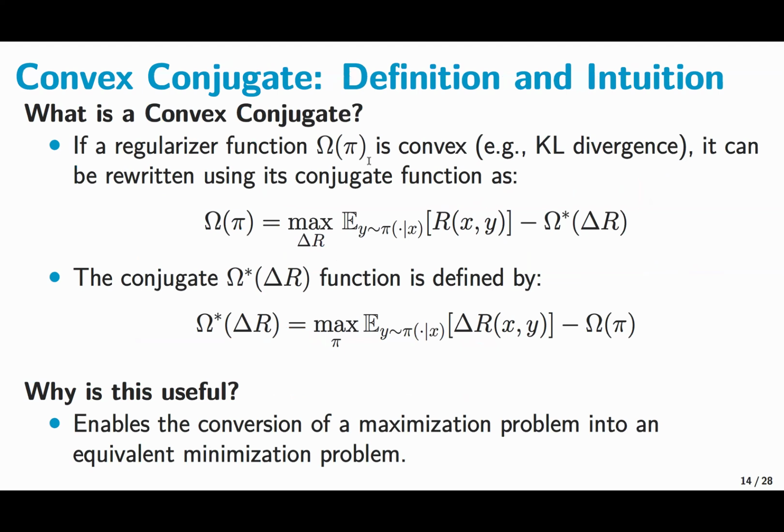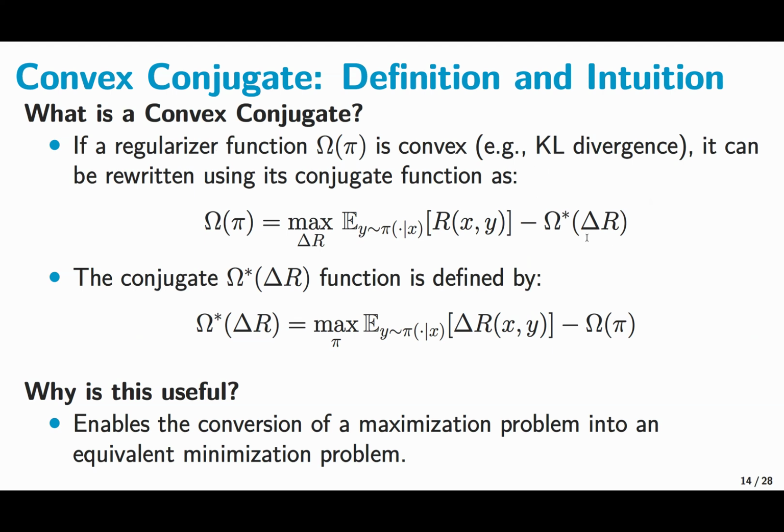Before explaining, we're going to introduce a preliminary: the convex conjugate. What is a convex conjugate? If a regularizer function is convex, like KL divergence or Wasserstein distance, it can be written using its conjugate function. So the regularizer convex function can be reformulated as a maximization problem with the conjugate function.